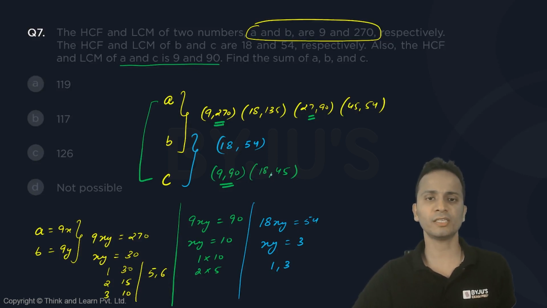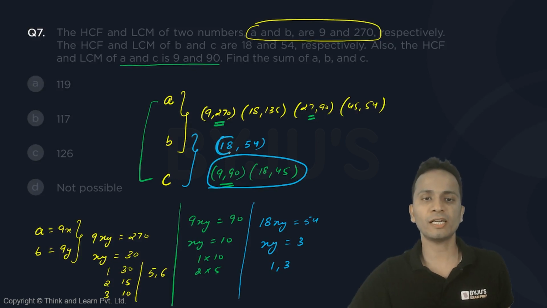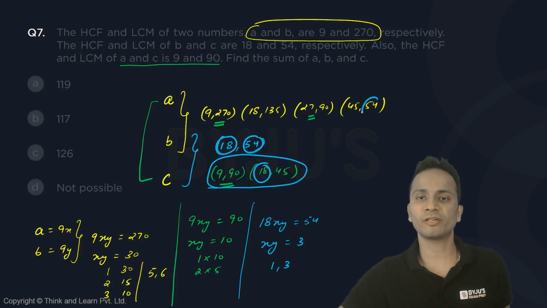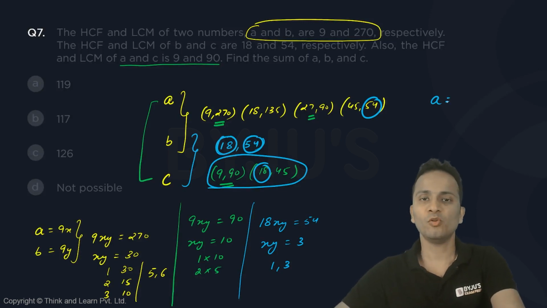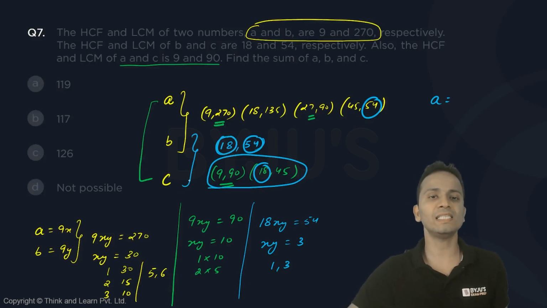So let's check. I don't have 54 when I'm looking at A and C, so I can check that only 18 is common there.